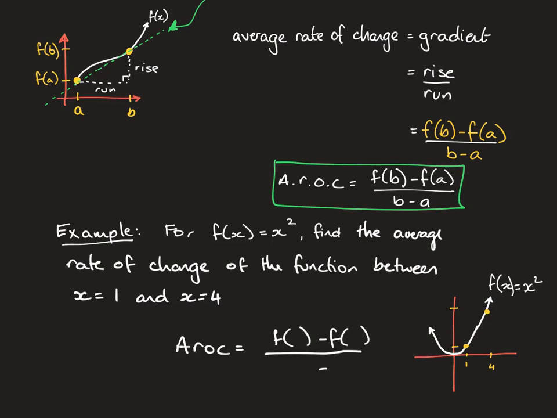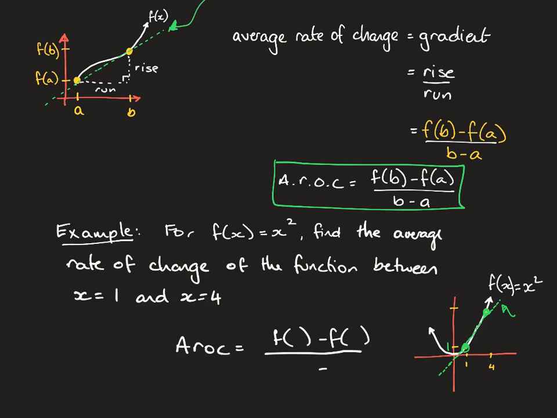So we're looking for the rate of change between our points 1 and 4. So we're going to find the gradient of this green line here. And the green line passes through the point 1, and because it's on the curve x squared, it will be 1 squared is 1, and it also passes through the point 4 something.